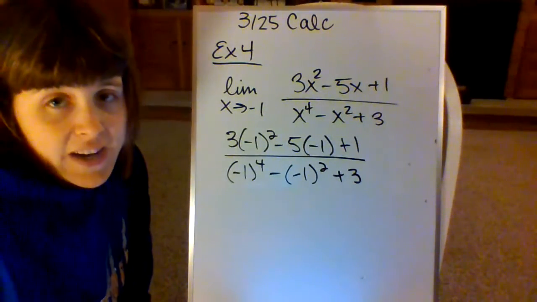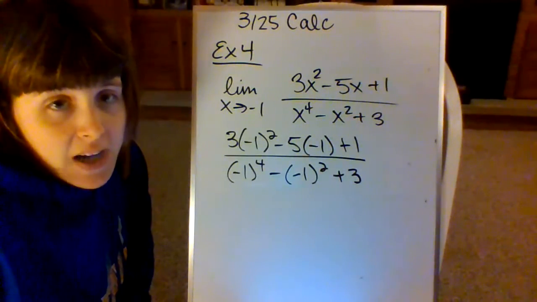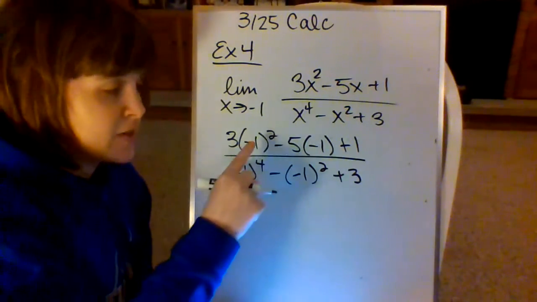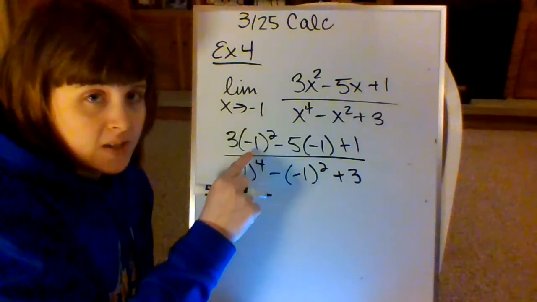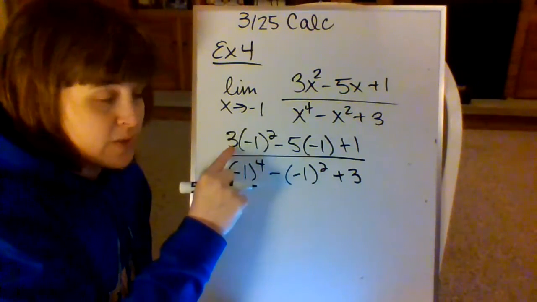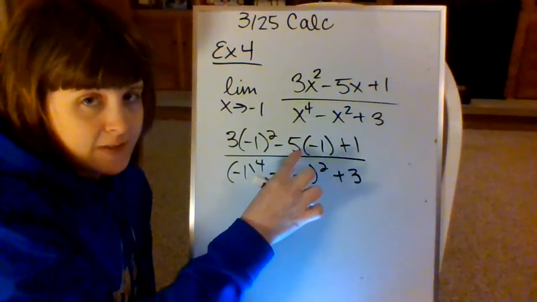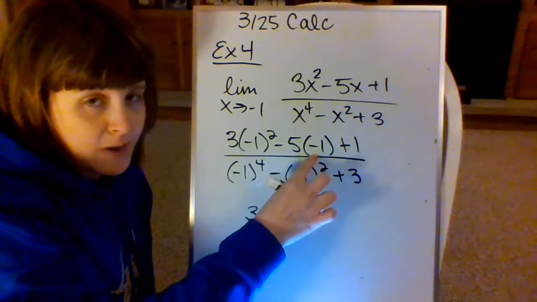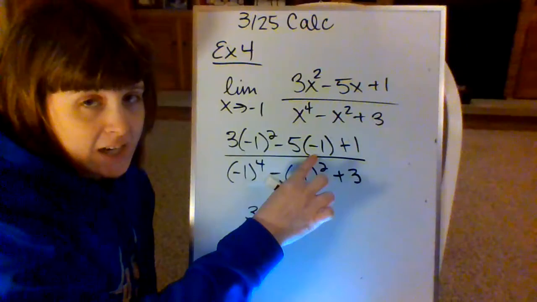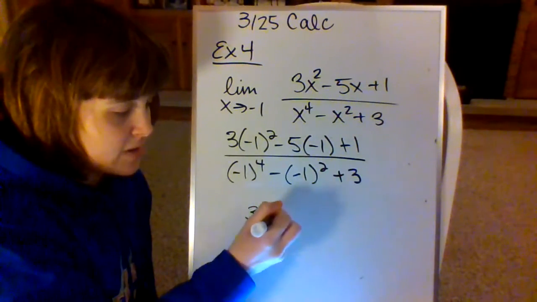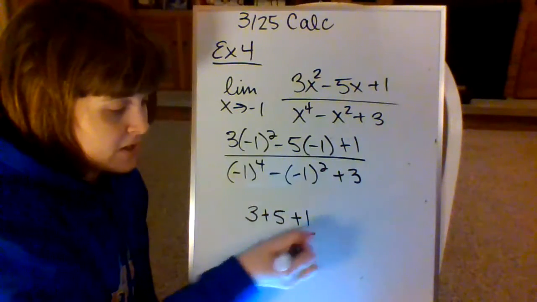As you can see, I just plugged in negative 1 every place that had an x, and now we're going to simplify. Negative 1 squared is 1, and 1 times 3 is 3, minus 5 times negative 1. Well, 5 times negative 1 is negative 5, but because of this minus, we're going to have plus 5, and then plus 1.